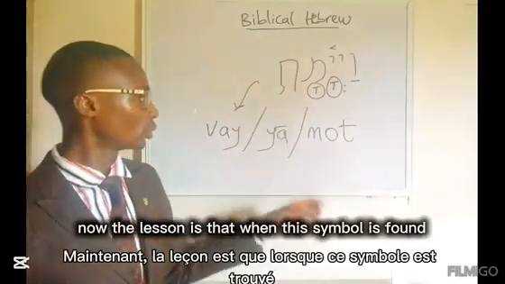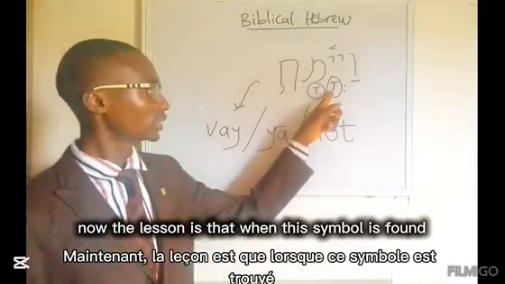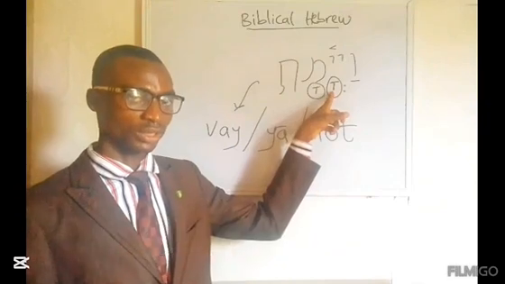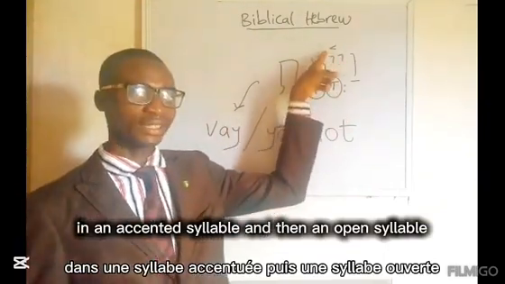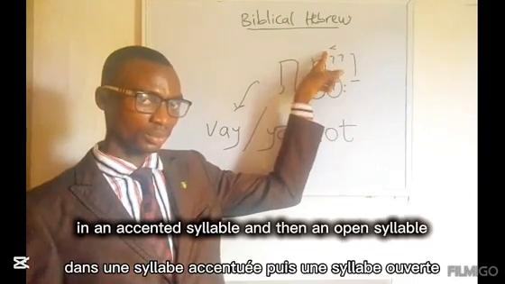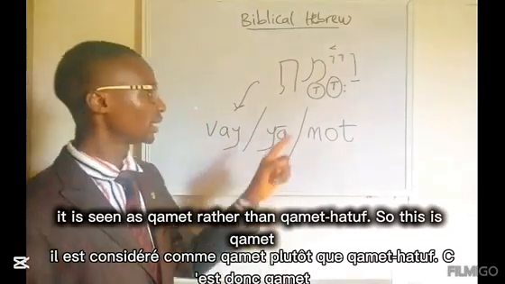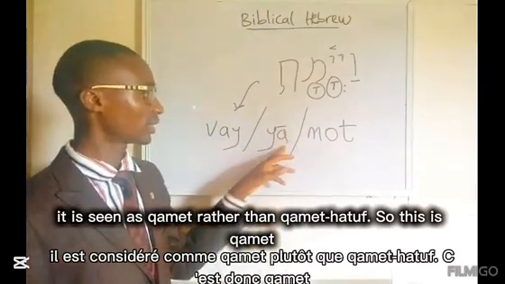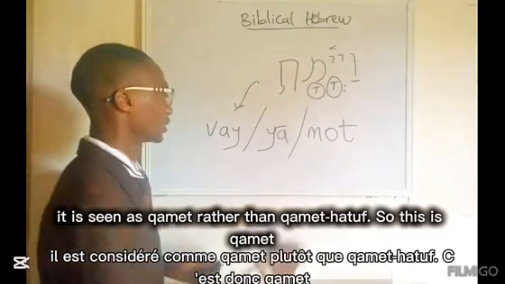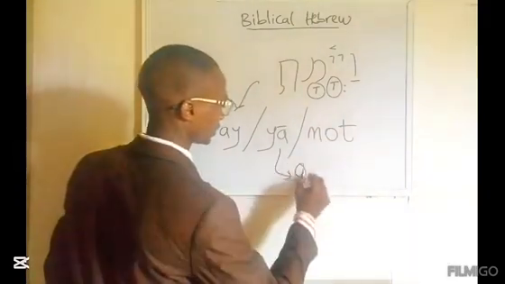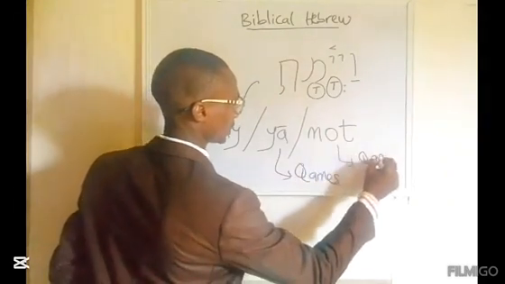So now the lesson is that when this symbol is found in an accented syllable and then an open syllable, it is seen as Qamet rather than Qamet-hatuf. So this is Qamet. That is Qamet-hatuf.